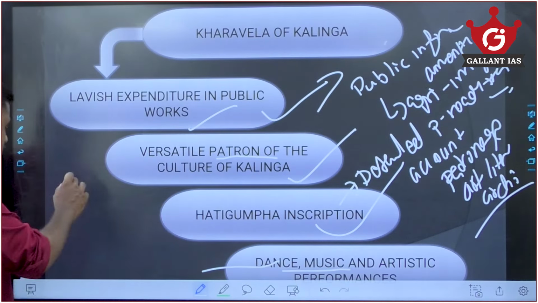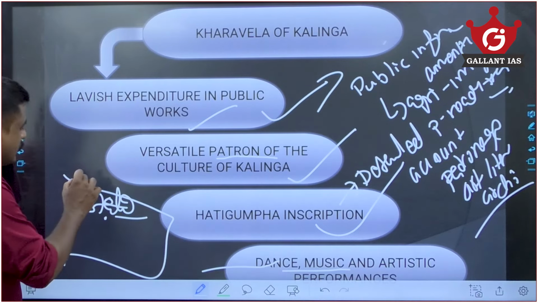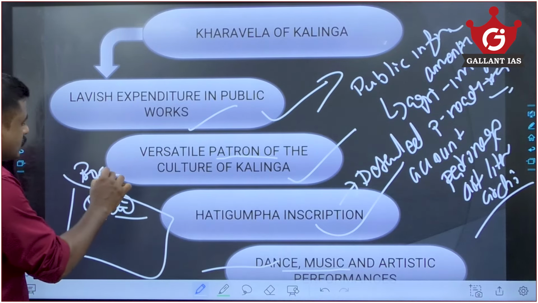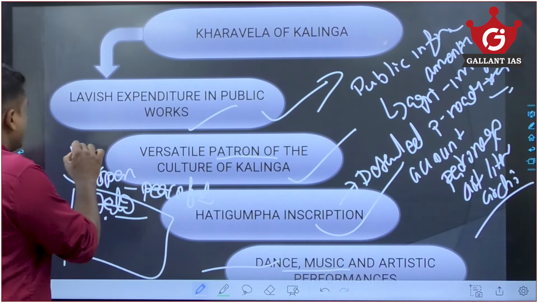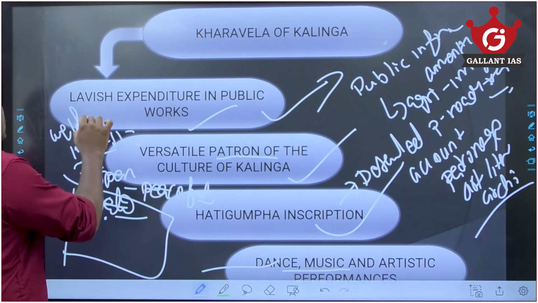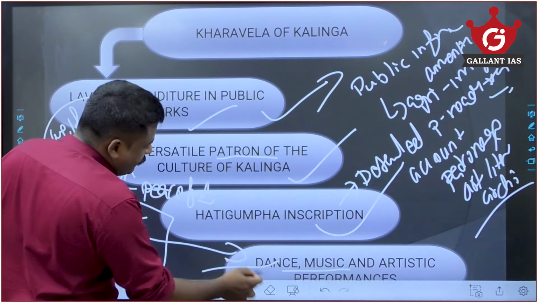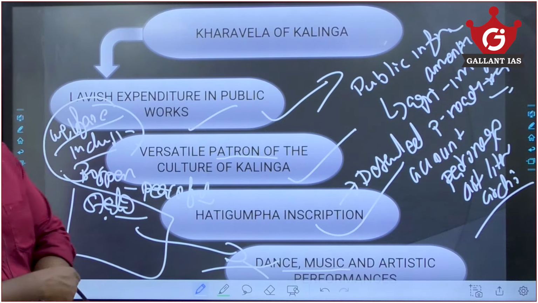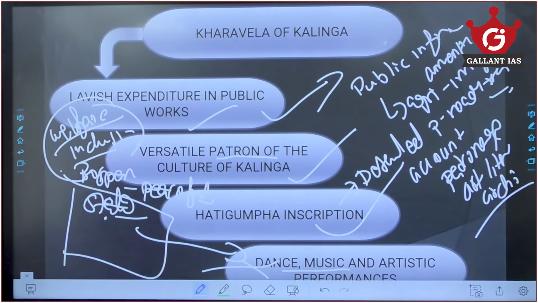So a state is regarded as prosperous, peaceful, inclusive and welfare concerned when the patrons equally give importance to these so-called art forms. Again, that's an opinion presented by the historian.